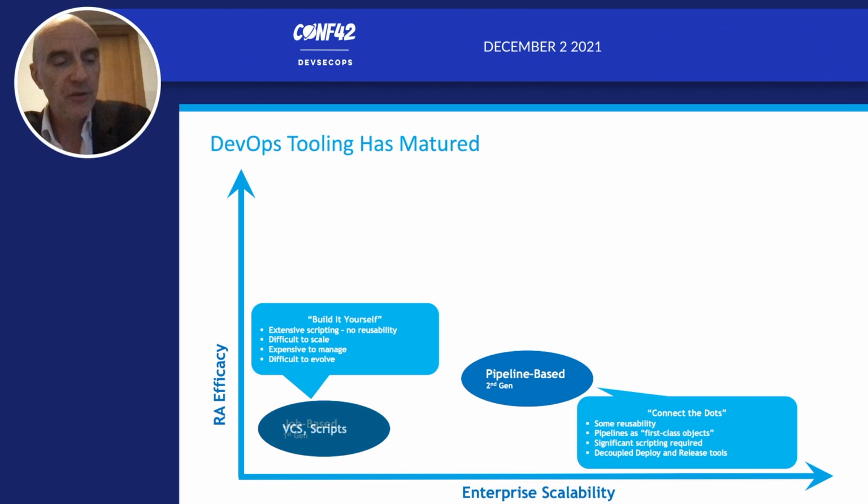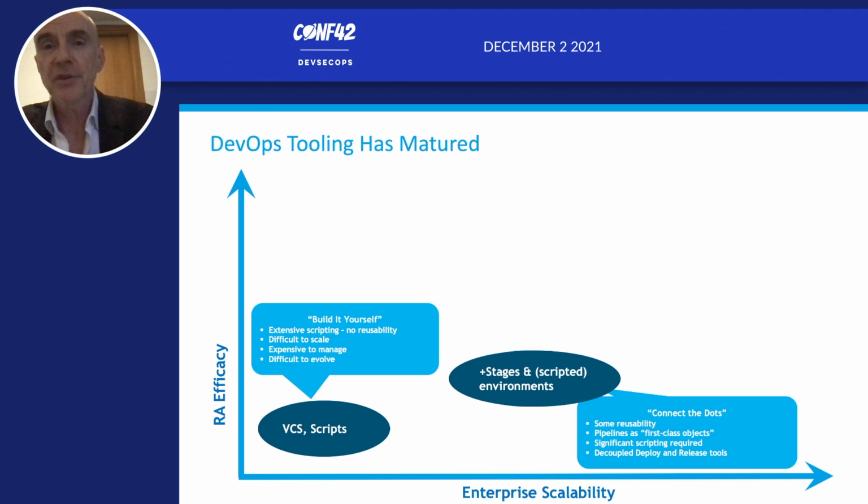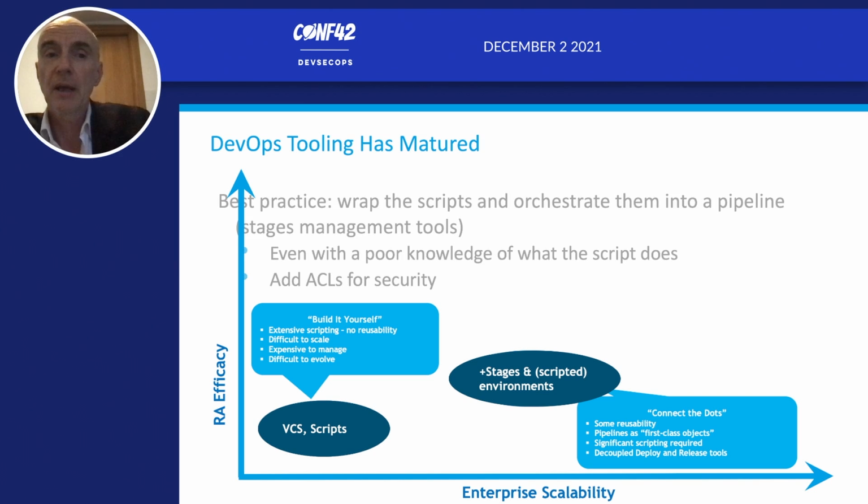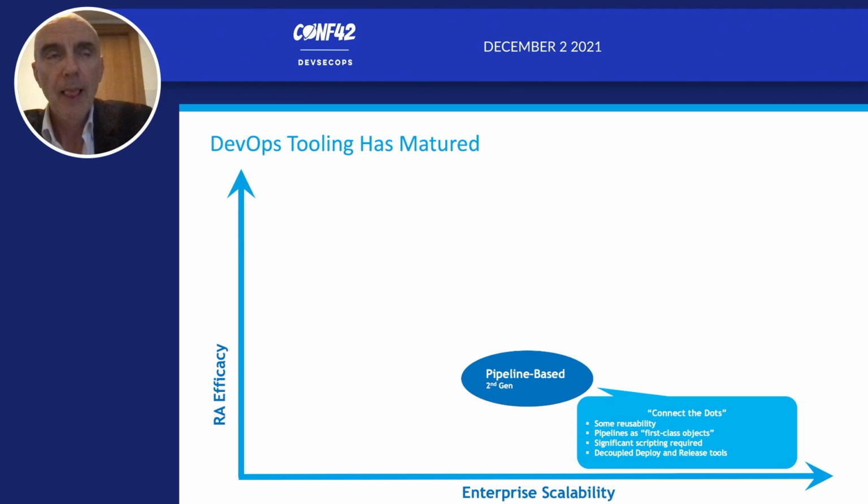We had some scripts, and basically what we did was wrap these scripts into stages and environments. Even if it was quite poor automation, we had the ability to define some access rights, for example, which is a very first important step.